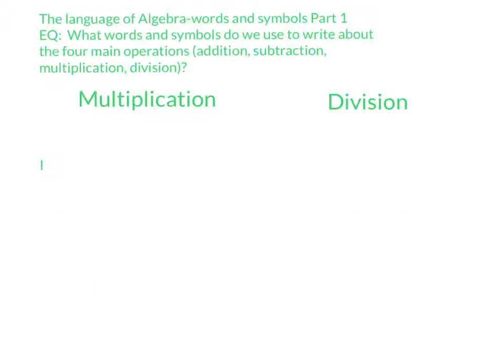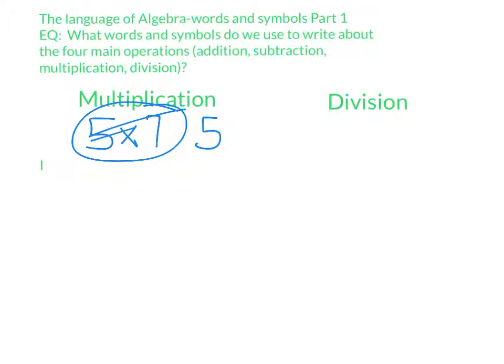So multiplication and division. When you were younger, multiplication was always written as some number with an x and the other number, so it's 5 x 7, or 5 times 7. We don't use that in algebra very often anymore because the x stands for a variable. As a matter of fact, I'm going to use a variable: 5 times x.